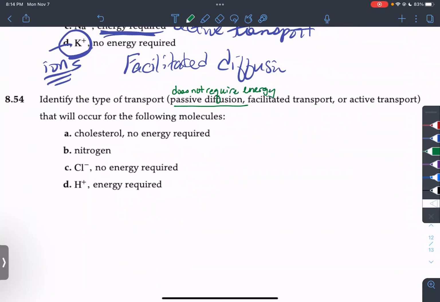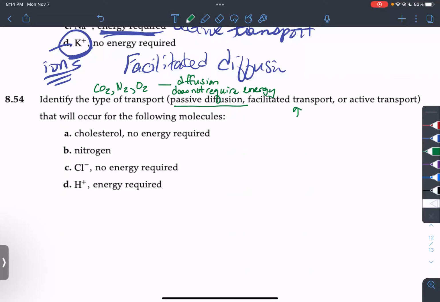It just simply moves by diffusion. So just like we saw with the O2 molecules, the N2 molecules, the CO2, all of those are good examples of passive diffusion.